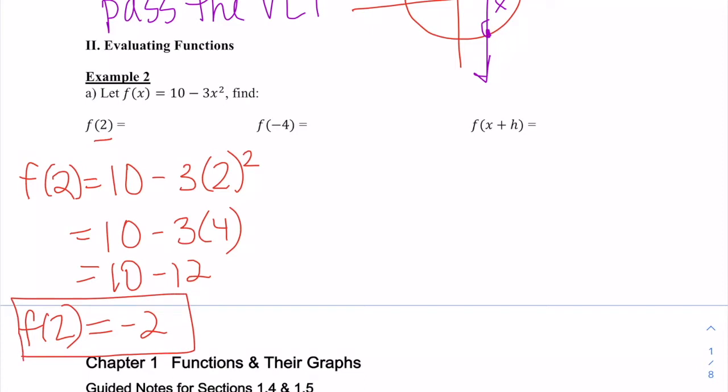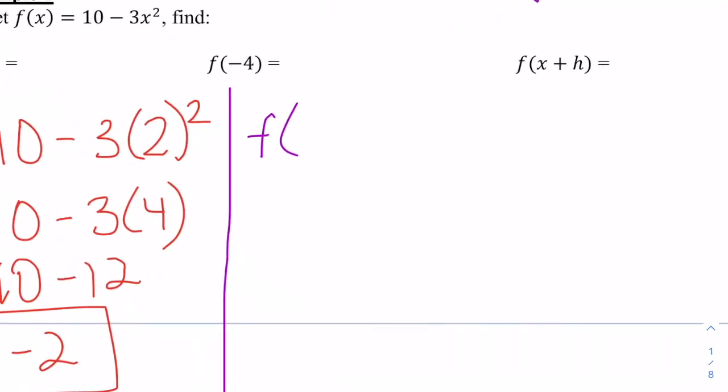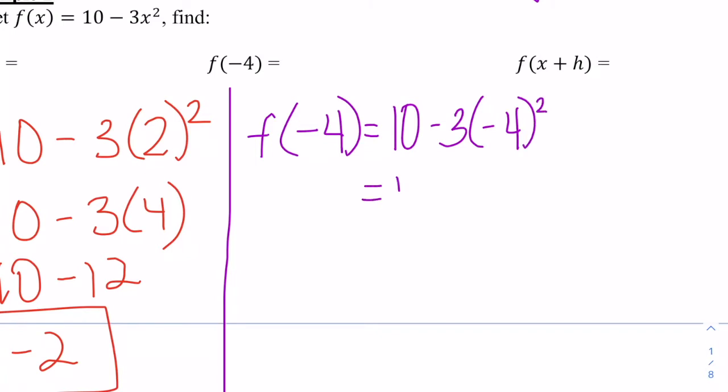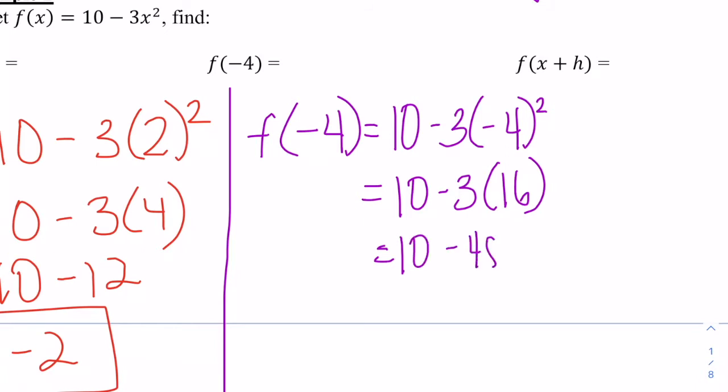For f of negative 4, we plug in negative 4 wherever we see x. So that equals 10 minus 3 times negative 4 squared, which is 3 times 16, 10 minus 48, which equals negative 38.